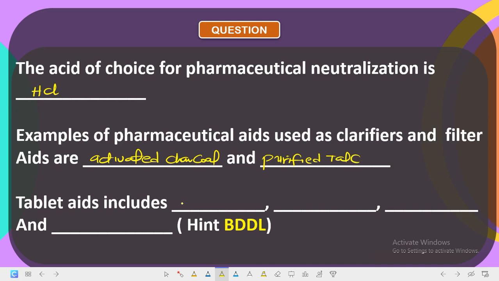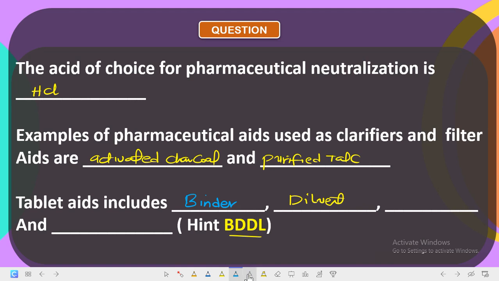Now, tablet aids include, you have the hint here, BDDL. B is for binder. D is for diluent.